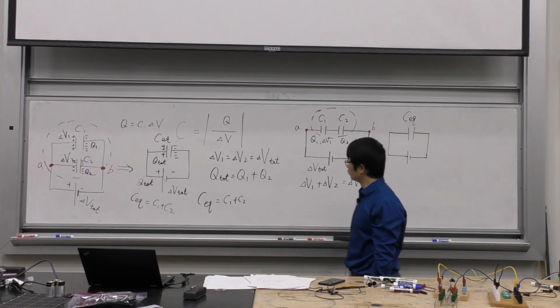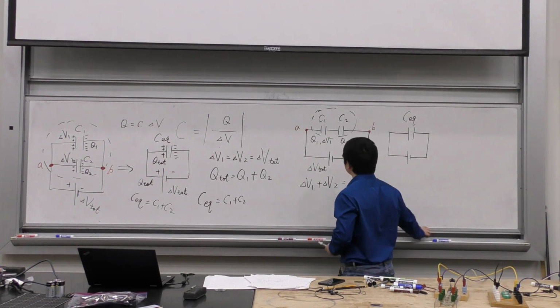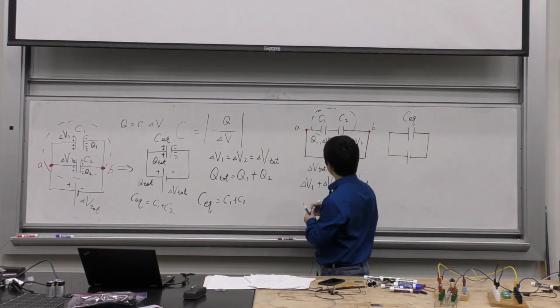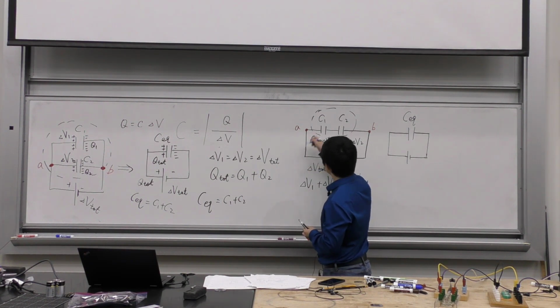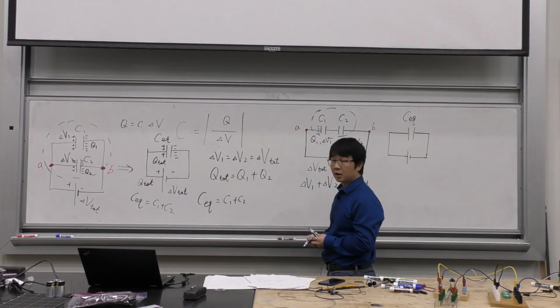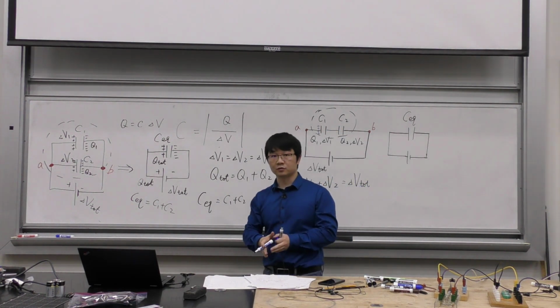Now let's take a look at how these two capacitors get their charge. Remember, this plate is directly connected to the battery, so all this positive charge on this plate is from the battery. And then this charge cannot cross the gap between the plates. Remember, there's a gap between these plates, right?